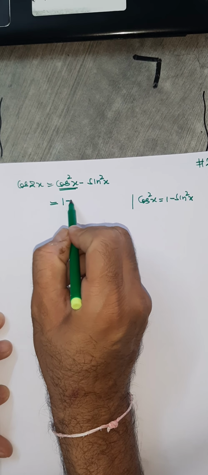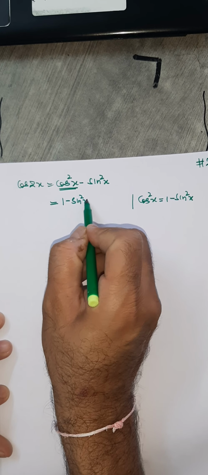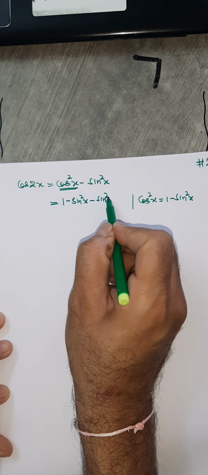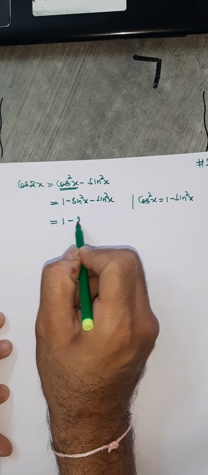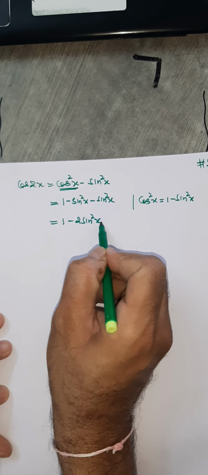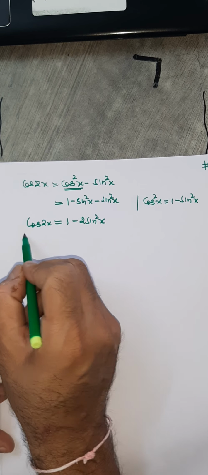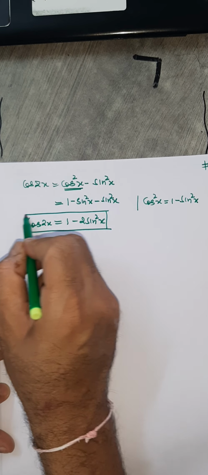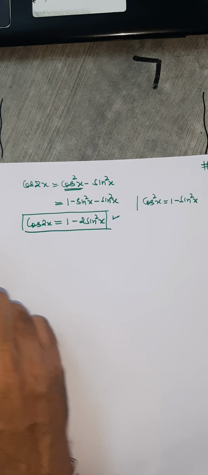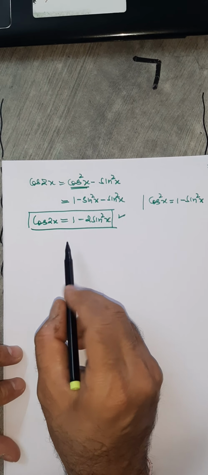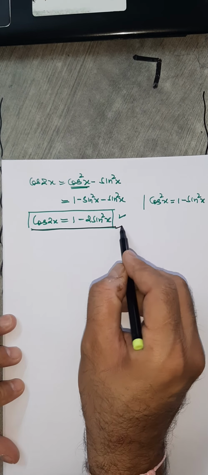So I place here 1 minus sin square, and minus sin square is already there. So this becomes 1 minus 2 sin square x. So this is the second formula for cos 2x. Remember, what is cos 2x? It is nothing but 1 minus 2 sin square x.